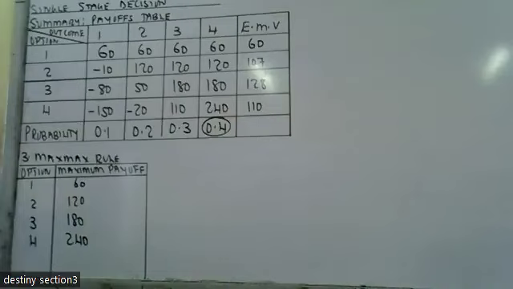Sasa hii huwa inakuwa interpreted like this. Select the maximum of the maximums. So the maximum of these maximums is which one? 240. So what do you advise them down there? They should buy 4 cakes.